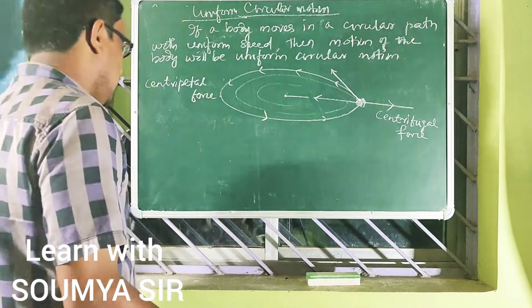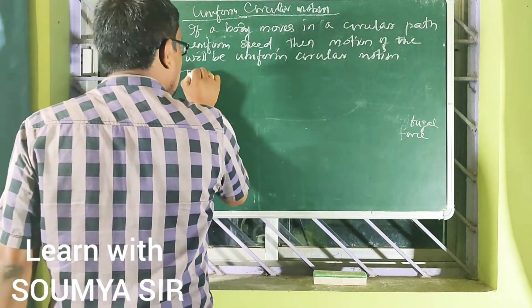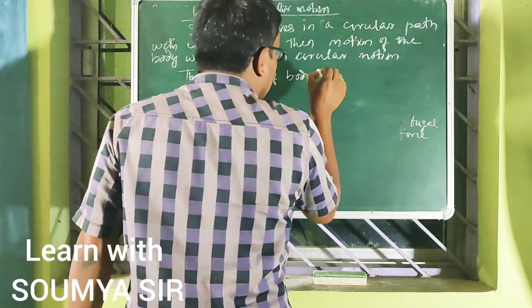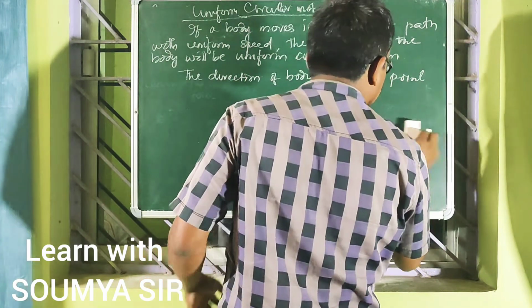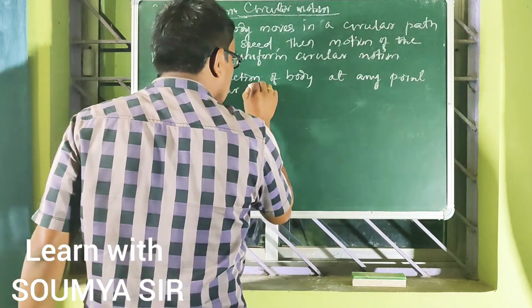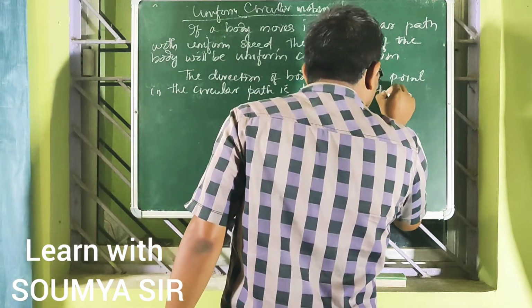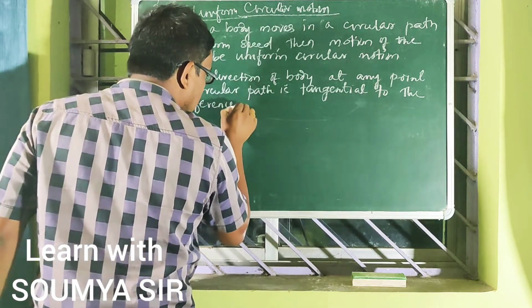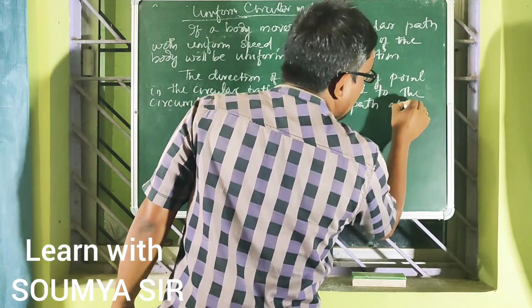So we can write: the direction of a body at any point in the circular path is tangential to the circumference of the circular path at that point.